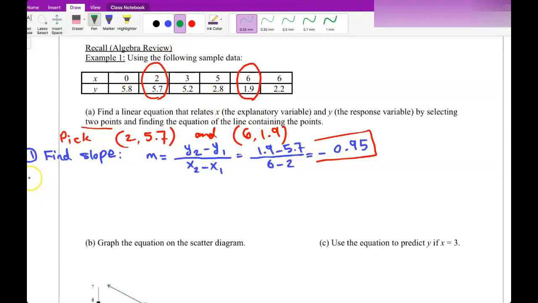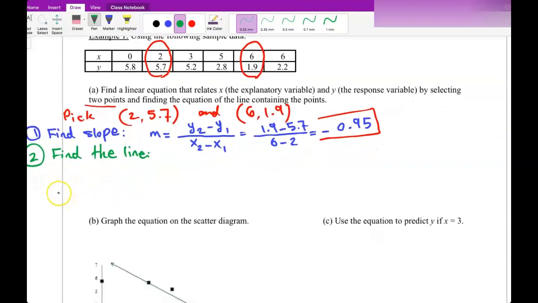Now we want to find our line. Step 2. Using point-slope form, we have y minus y1 equal to the slope multiplied by x minus x1.